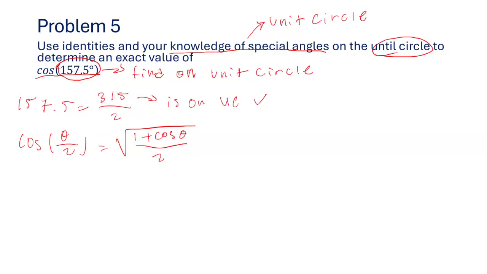So we can just plug this in, and we're going to state theta equals 315. So then the cosine of 315 over 2, which is equal to the cosine of 157.5.